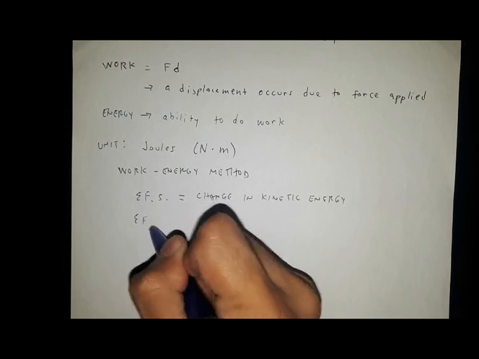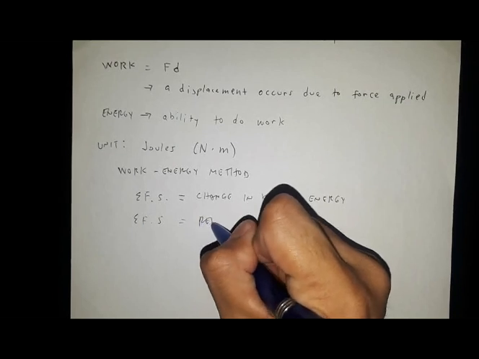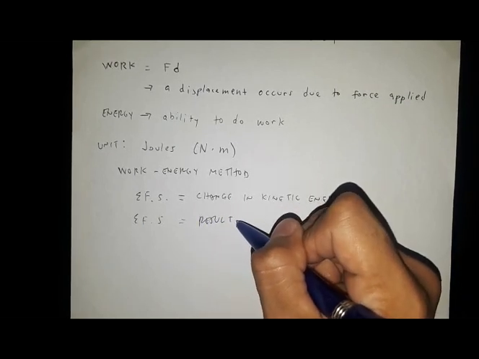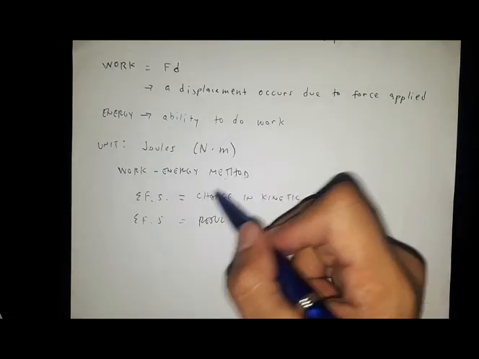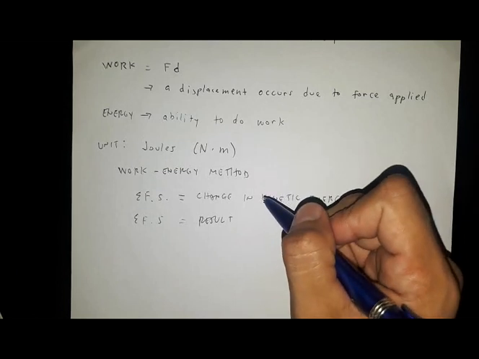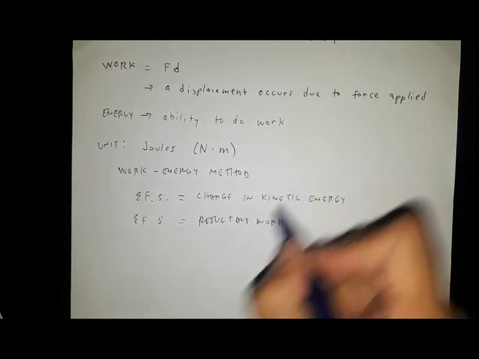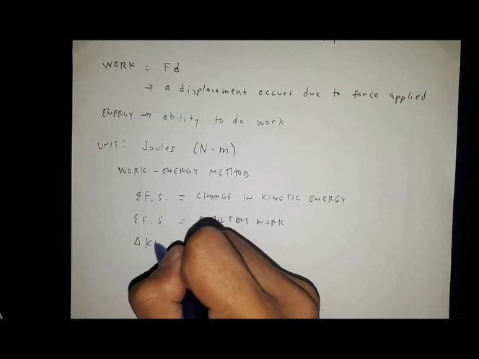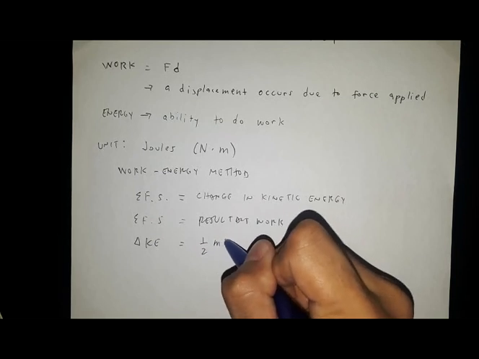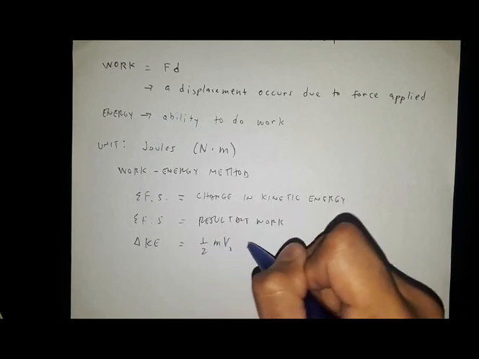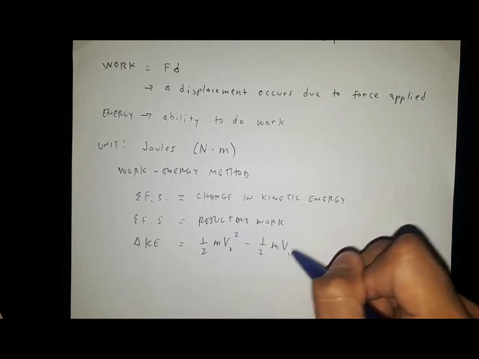Summation of forces is the resultant work, or summation of forces times the displacement. So that is the resultant work, while the change in kinetic energy is 1/2 mass times v2 squared minus 1/2 mv1 squared.